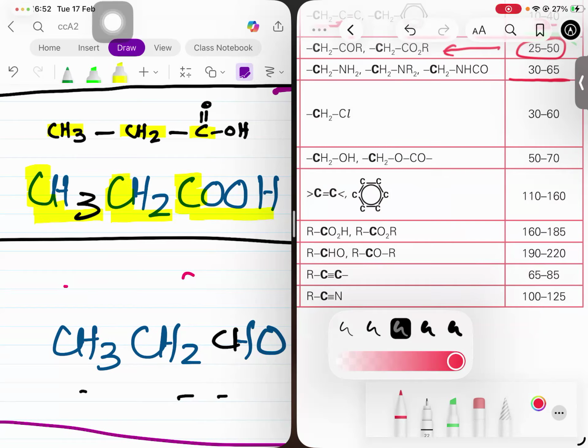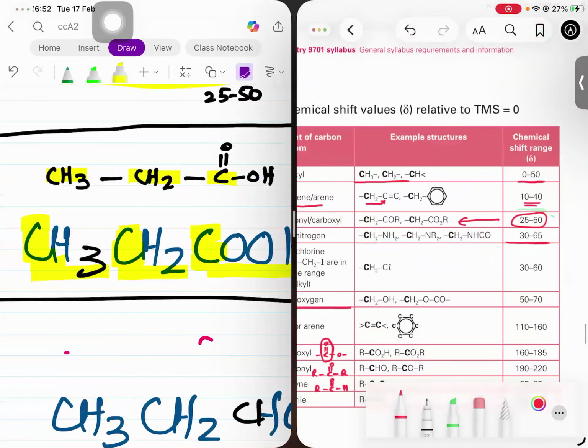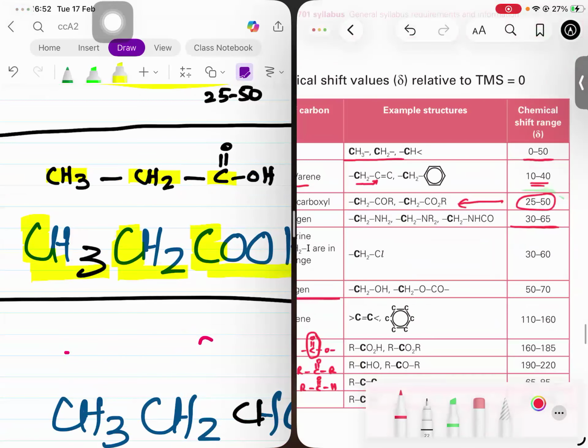Now the range. Ila, for the range, you have to refer to this table, which says the first is 0 to 50, because this is an alkyl.